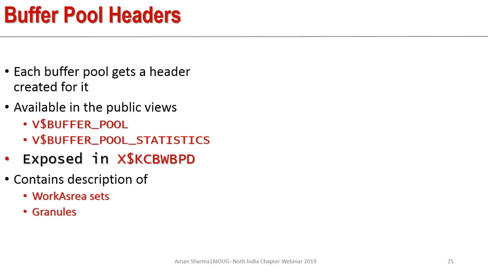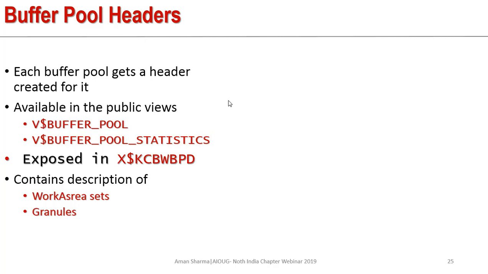Now the major movement of the data within the buffer cache happens with the buffer header, or you can say within the buffer pools. Each buffer cache structure is maintained by something called a buffer pool.